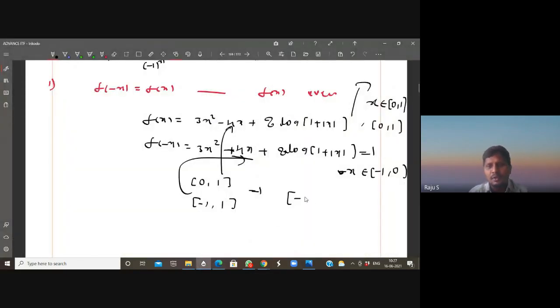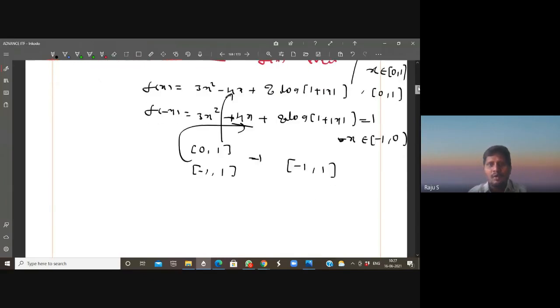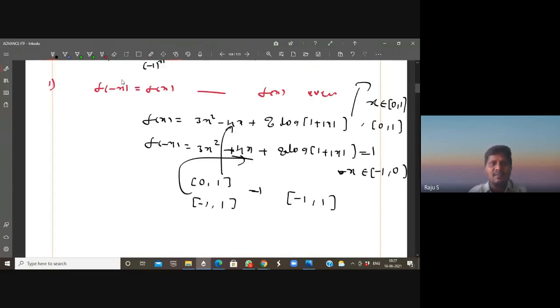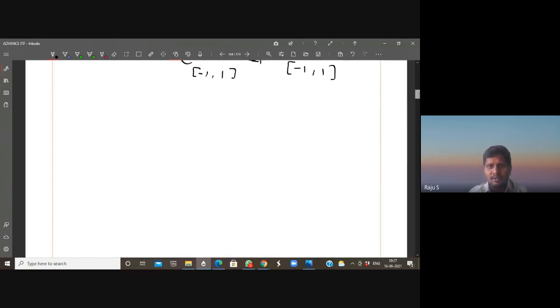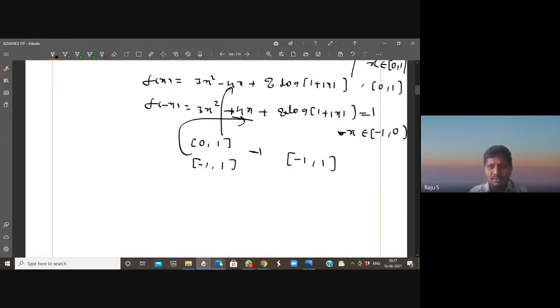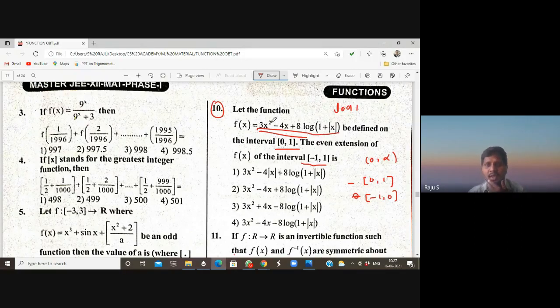Minus 1 to plus 1, how can you represent the function now? Because here even extension, so f of minus x is equal to f of x. So according to that, which of the following options should satisfy both the conditions, minus 4x as well as plus 4x?